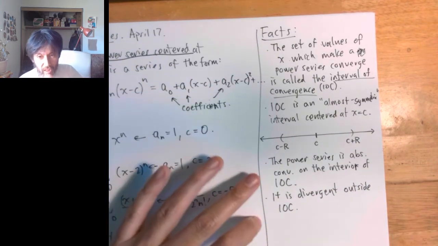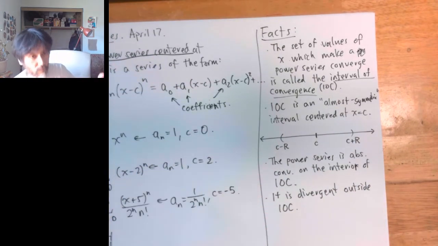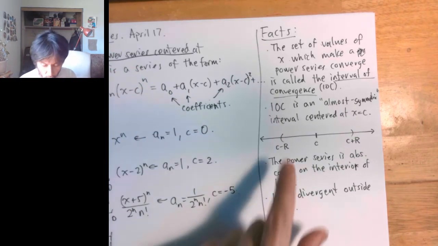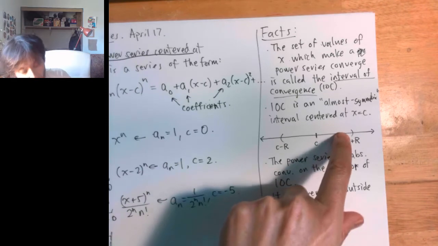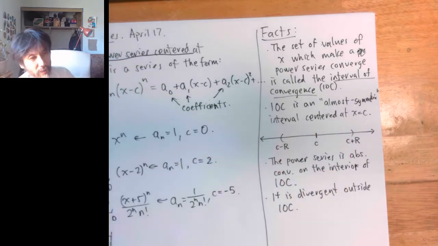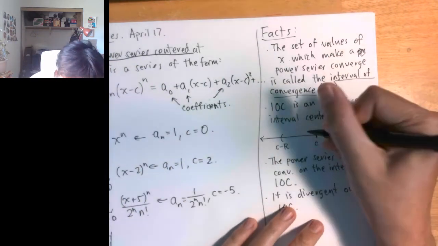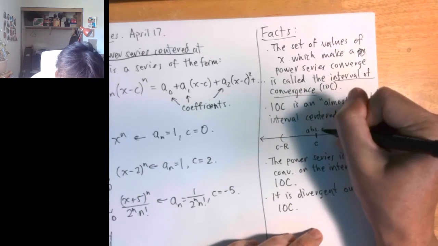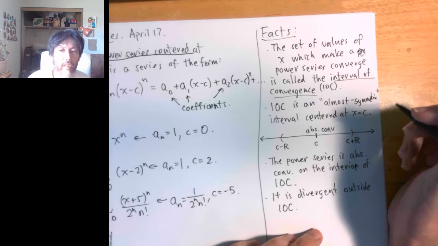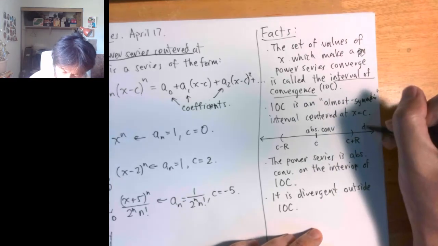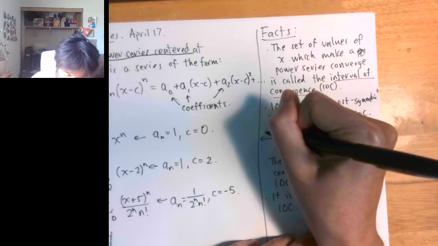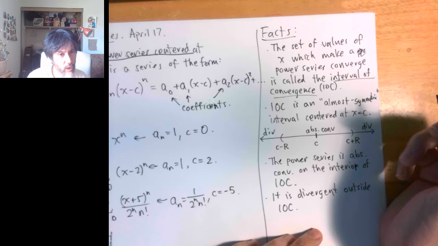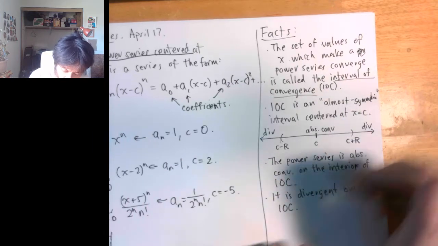So these two things give very definitive statements about where this thing converges. It converges on the interior for sure, and it diverges outside of the interval of convergence. So in fact, we have absolute convergence on the interior here, and outside here we have divergence. The only thing that's a little unclear by these two statements is what's going on at the endpoints.